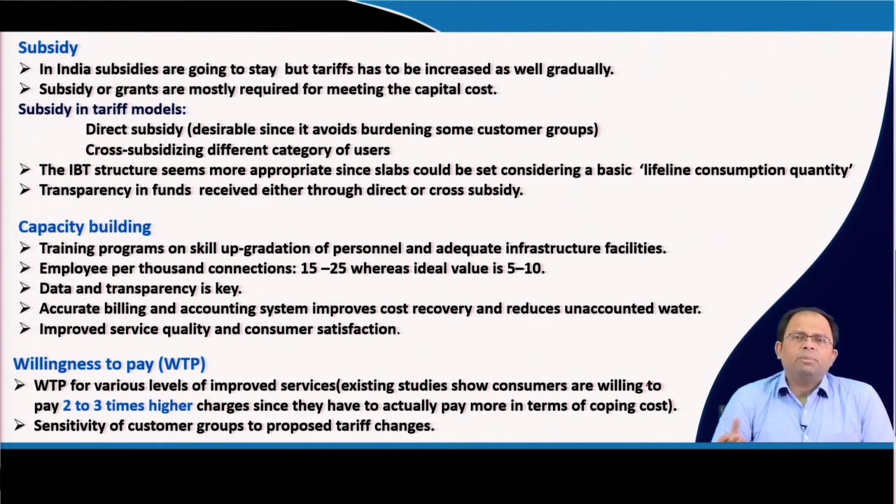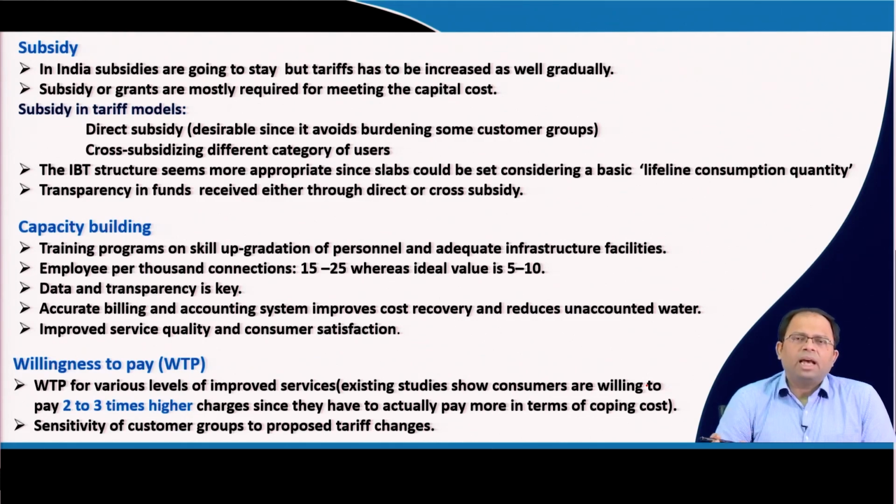So it's a direct subsidy from the government directly to that group which cannot afford certain things, right, or which is actually facing the problem. But cross subsidy is like taking the money from one group and giving it to another group. This cross subsidy varies between the different groups, and this is where sometimes people get angry.